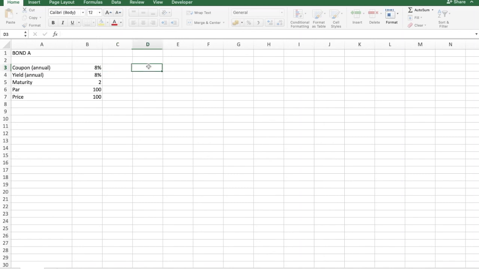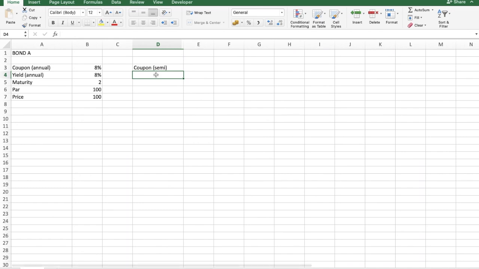So we have here the coupon semi-annually and the yield semi-annually, and the number of periods will be the double of the number of years.